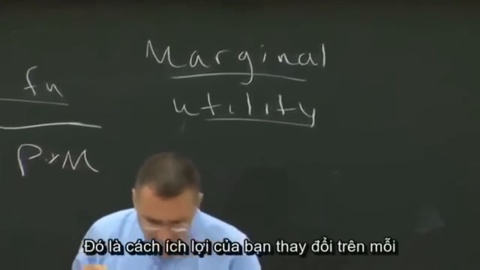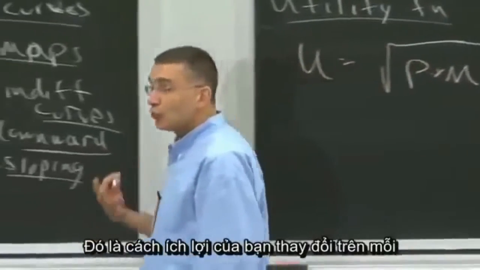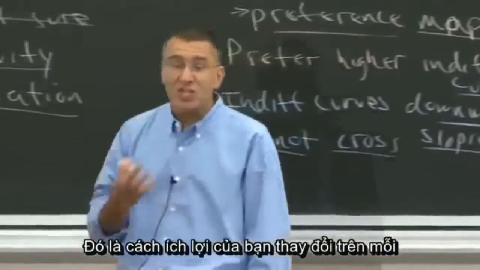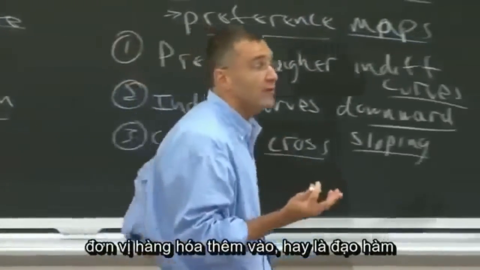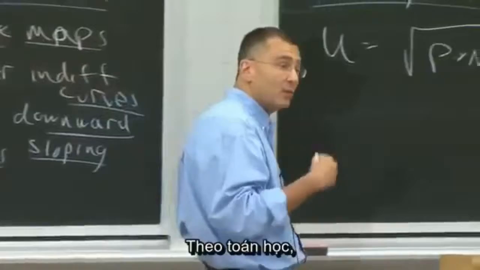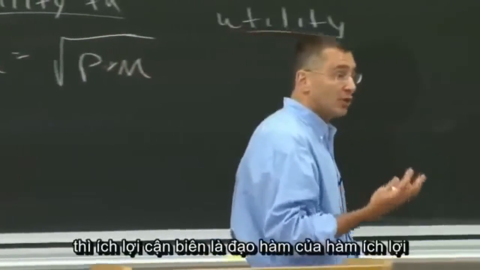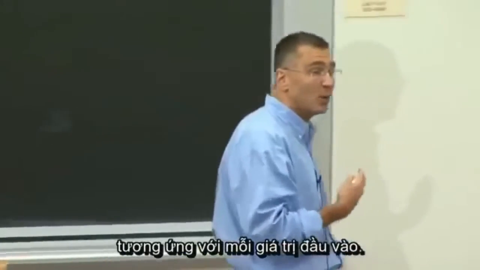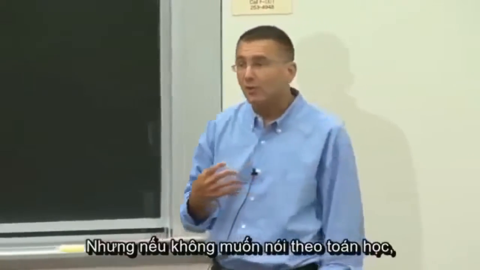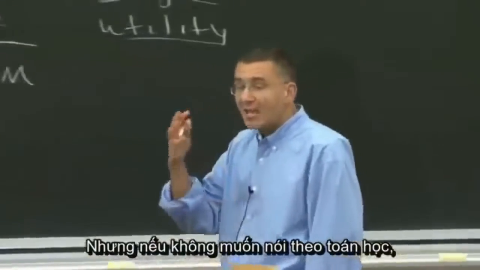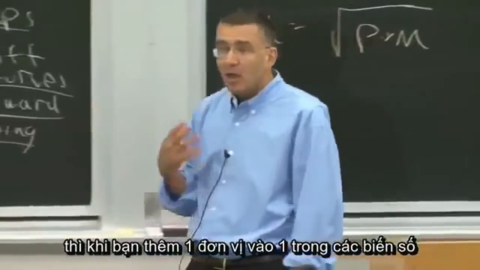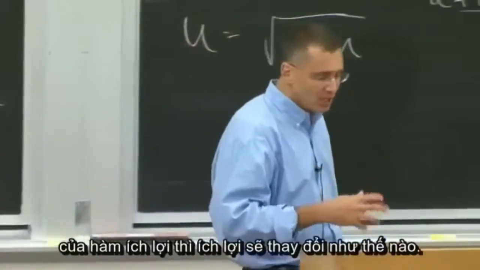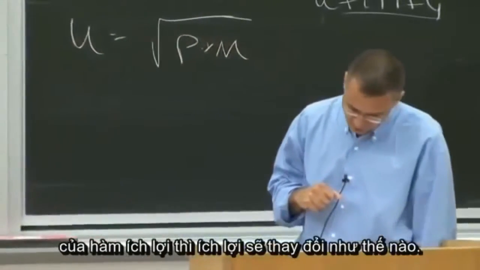Okay? That is how your utility changes with each additional unit of the good, or the derivative of your utility function. Okay, if you want to do it in calculus terms, marginal utility is the derivative of your utility function with respect to one of the inputs. But if you don't want to put it in calculus terms, it's as you add each unit of one of the elements of utility function, how does utility change?